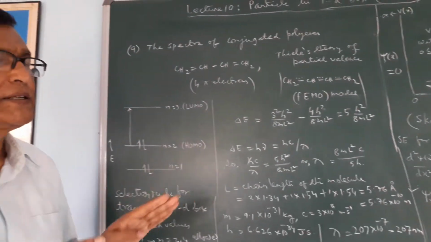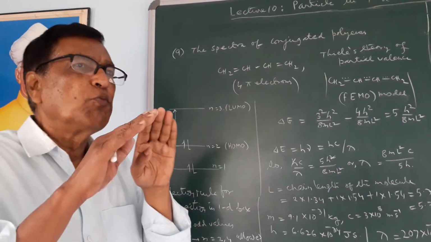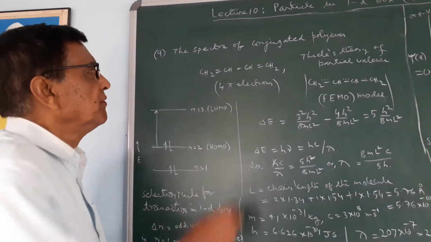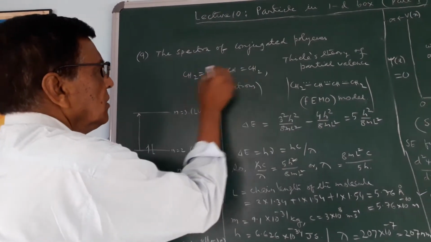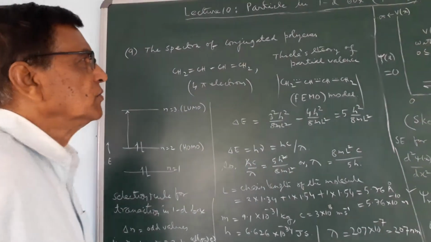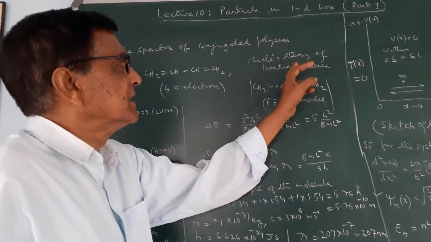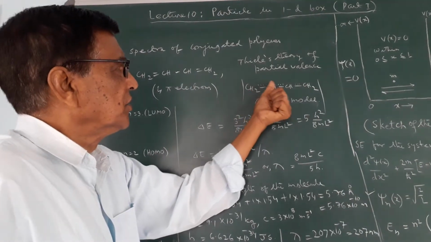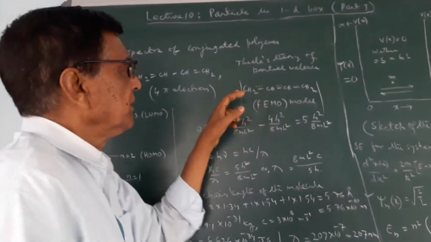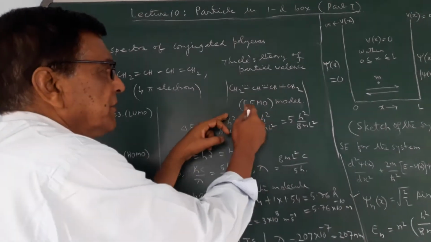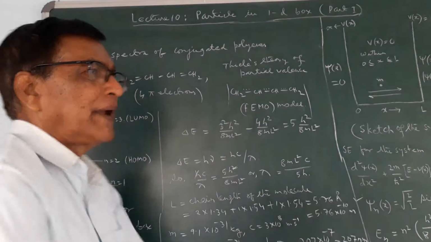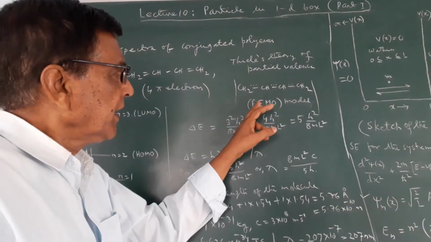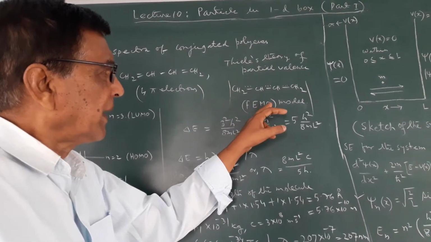These 4 pi electrons are supposed to be mobile, and can move throughout the whole chain length of the molecule. As partial valency theory shows, pi bonds are moving from place to place. It is the free electron molecular orbital model.